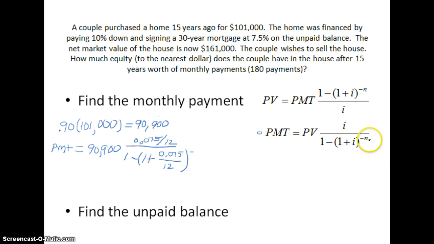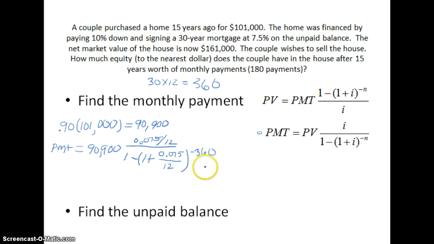The N is the number of payments. So a 30-year mortgage monthly. So if we take 30 times 12, this would be 360 payments. So we're going to put the 360 into our equation for our N value.